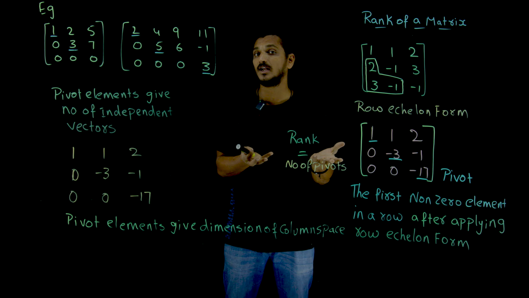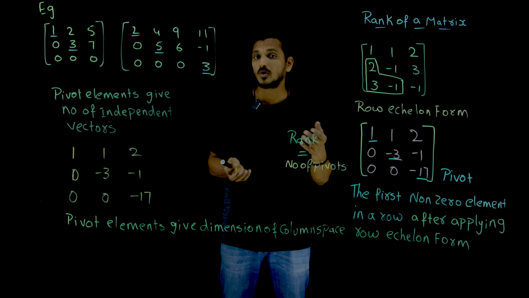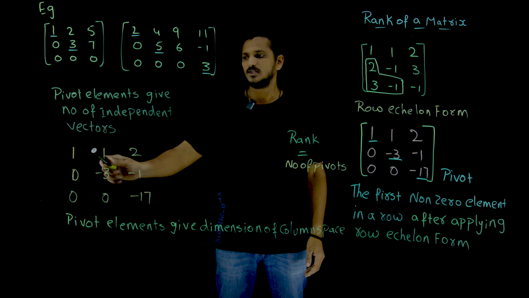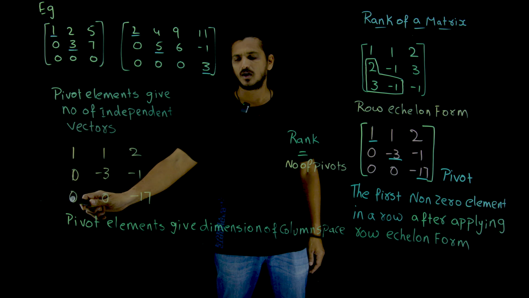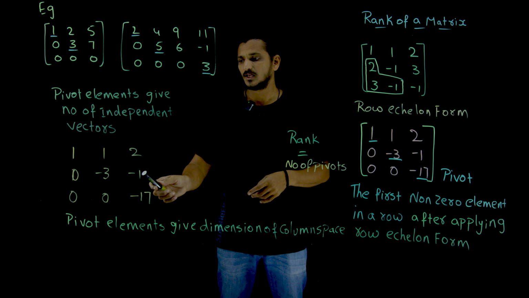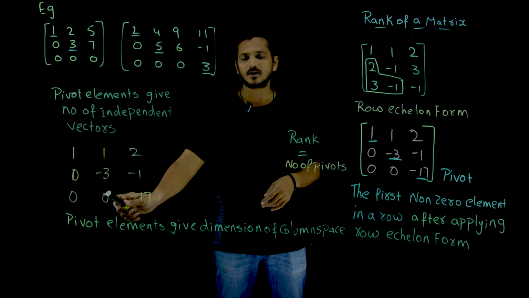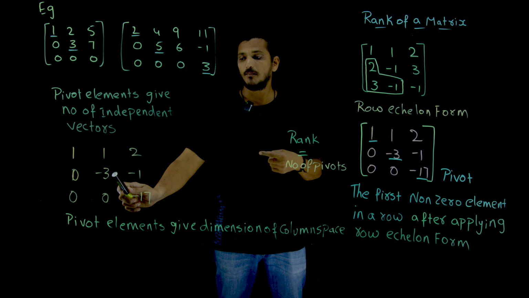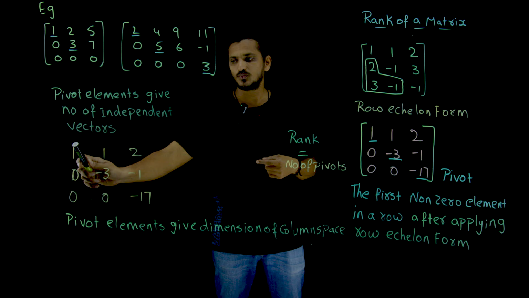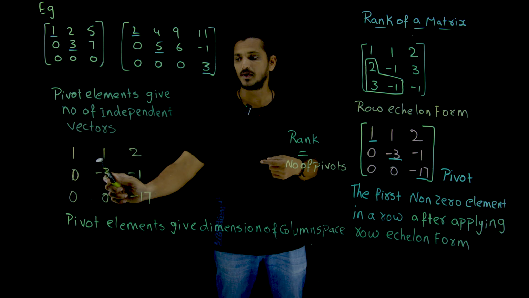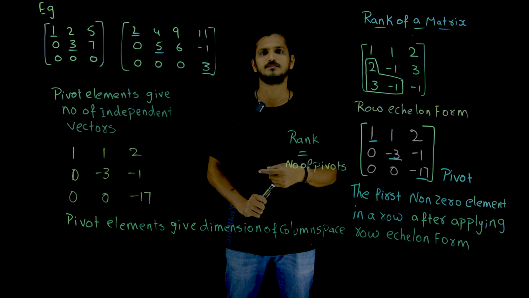How come we say that pivot elements are providing independent vectors? That point we need to understand. See, after applying this, this is the vector we got. Independent vector means we are unable to obtain this vector by using the previous one.